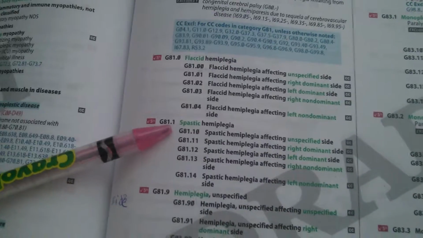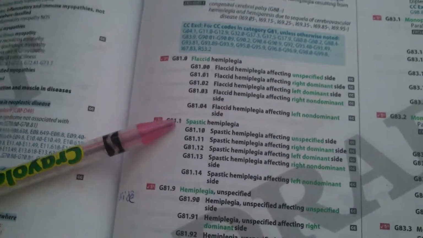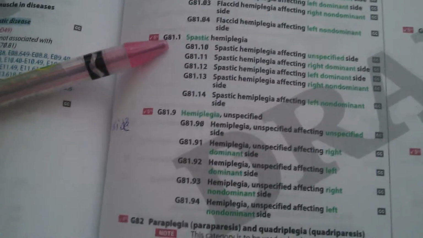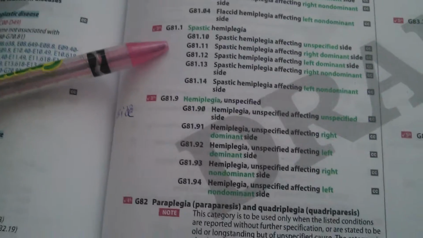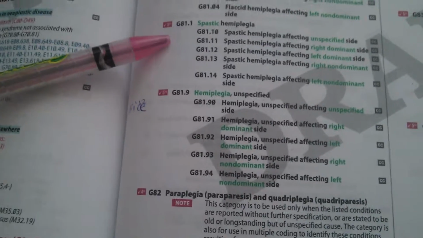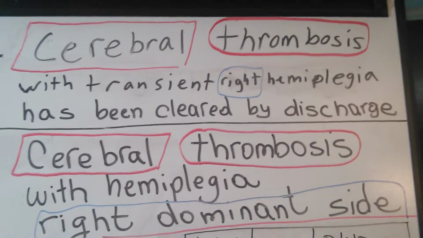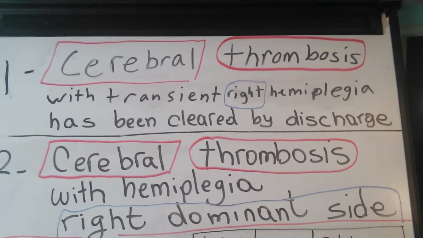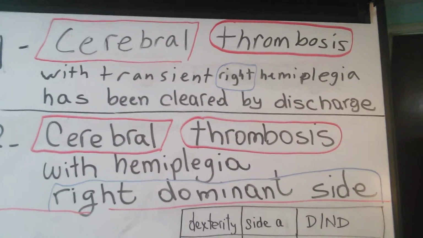Do we have spastic hemiplegia? No, we don't have it. So there are no words that can change our third code, which is unspecified, because unspecified covers everything else. Unspecified covers just hemiplegia, and it also covers transient hemiplegia that has been cleared by discharge. So saying transient hemiplegia that has been cleared by discharge is exactly the same as saying just hemiplegia.